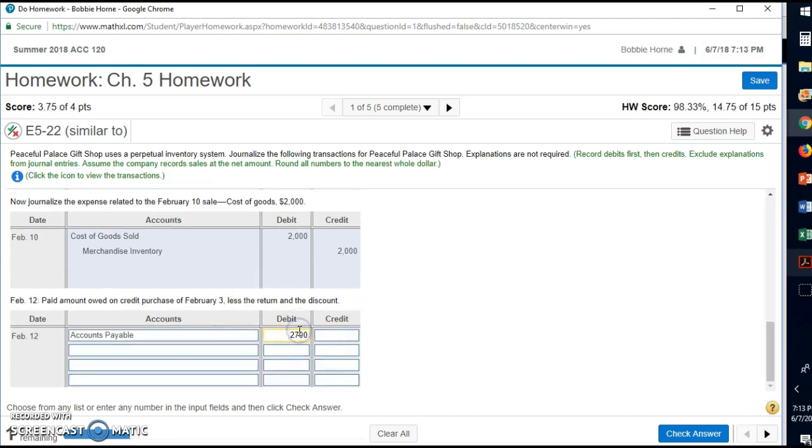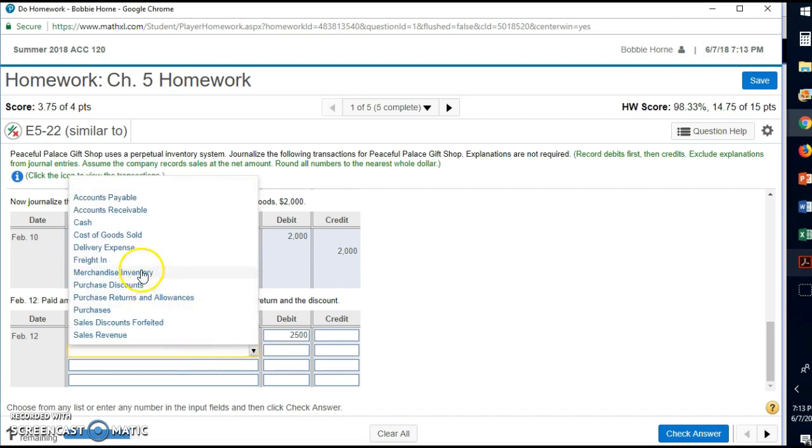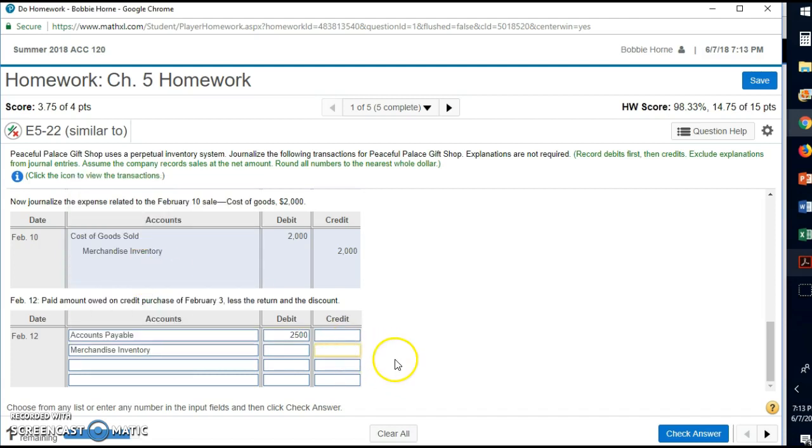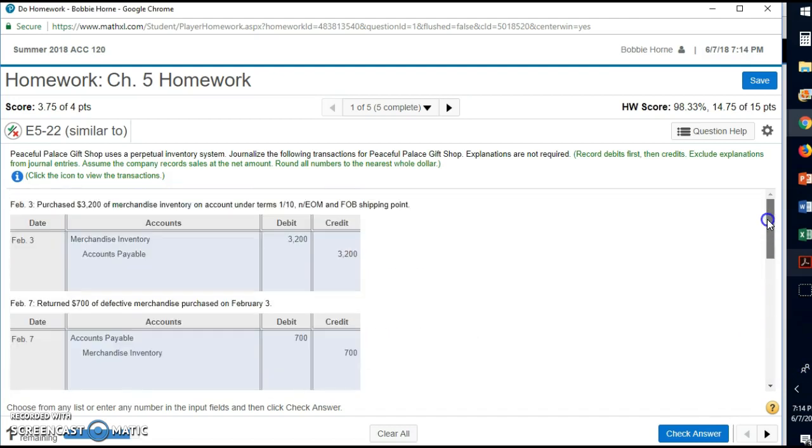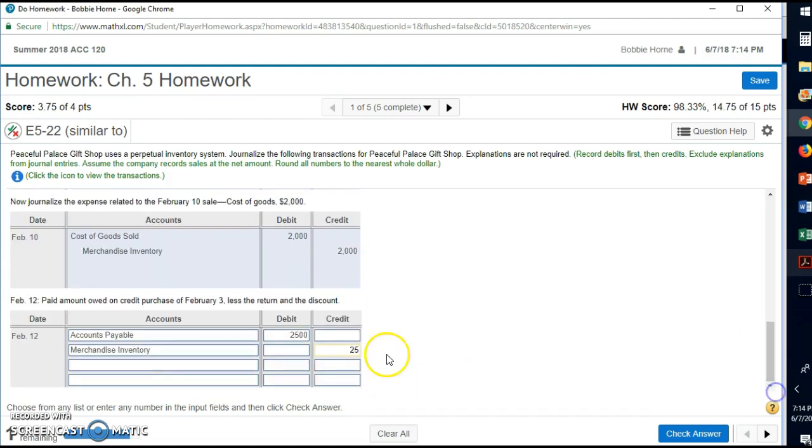because it was $3,200 minus $700, so it's $2,500 instead of $2,700. And then we had a discount of 1%, so we need to reduce inventory because we're not paying $2,500 worth of inventory. We have a discount of 1%, so we need to reduce inventory by the discount, 1%.